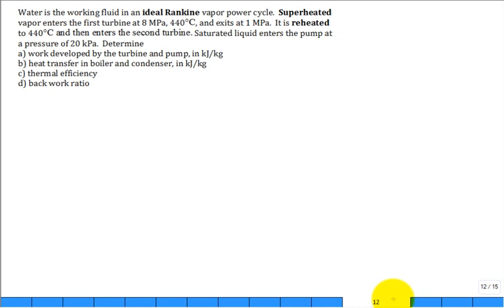Here's a word problem. It would read something like this. Water is a working fluid in a Rankine vapor power cycle. The cycle is ideal, meaning the turbine's isentropic efficiency is 100%, and the pump is reversible and adiabatic, so its isentropic efficiency is 100%. Superheated water enters the first turbine stage at 8 megapascal and 440 degrees Celsius.